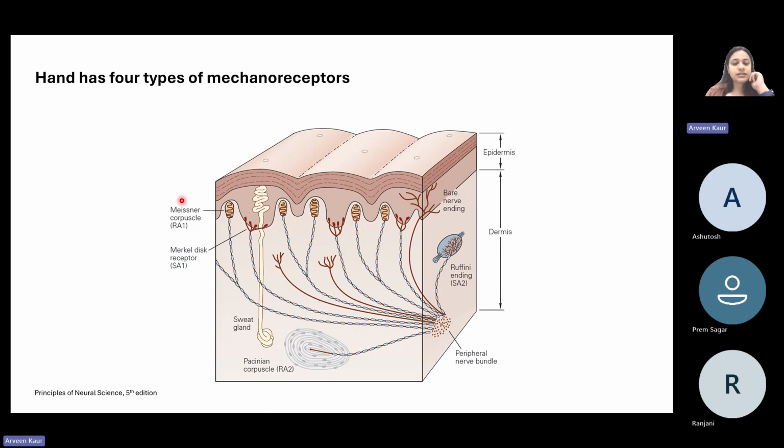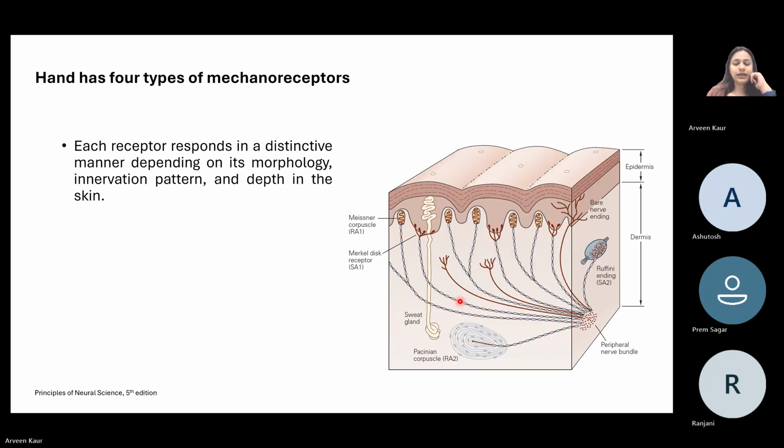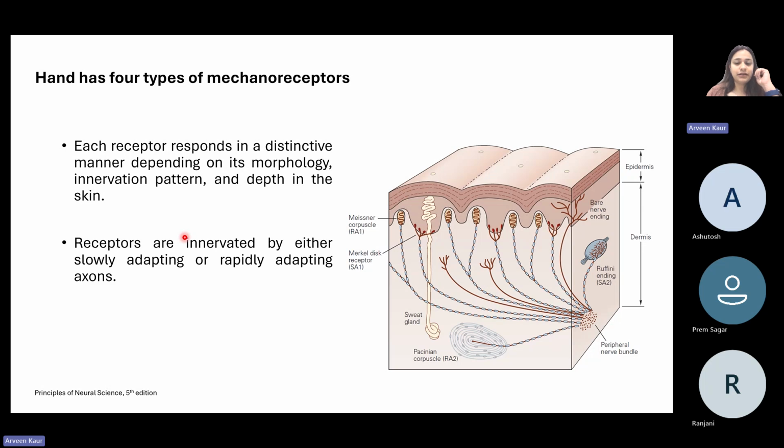So this is Meissner corpuscle RA1, Merkel disc receptor SA1, Pacinian corpuscle RA2, and Ruffini ending SA2, right? So each receptor corresponds in a distinctive manner depending on its morphology, innervation pattern, and depth in the skin, right?